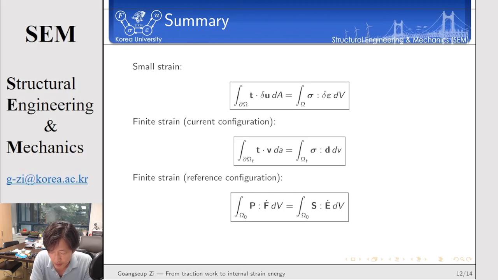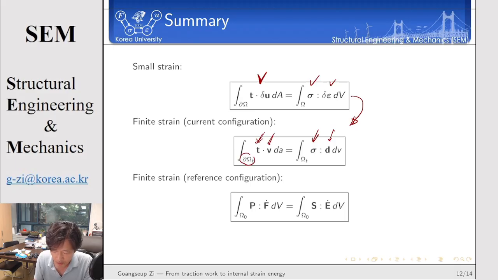So finally, summarizing, for the small strain, the work done by traction over the surface can be transformed to the work done by the stress tensor over the strain tensor. We can extend it to large deformation, finite strain. Here we have to deal with the power, the stress tensor and the rate of deformation. Here the traction, and the work done by traction over the velocity, that is the power.